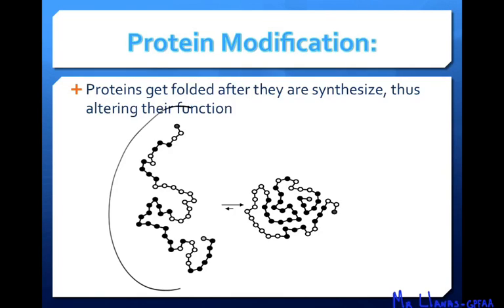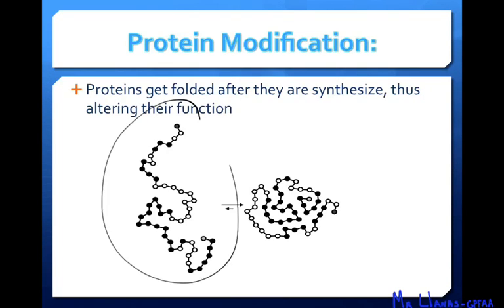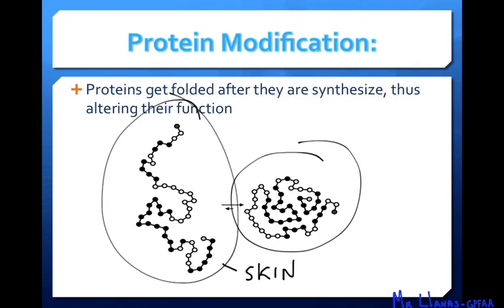So let's say that this protein is for your skin, if it's folded that way. But if you fold it another way, like this one, this could be the protein for your hair.